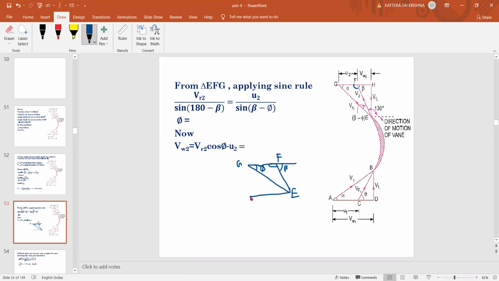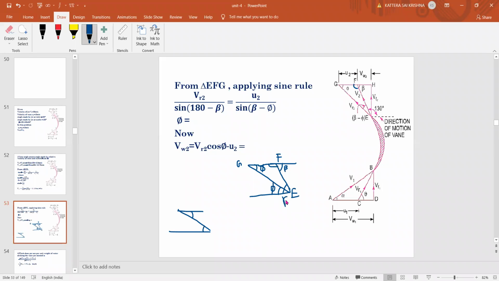So let us take a horizontal line first. We already know that for two horizontal lines, if you have an inclined line like this, the opposite angles will be equal. So this angle and this angle will be equal. This is phi. Similarly, this length will be up to here.